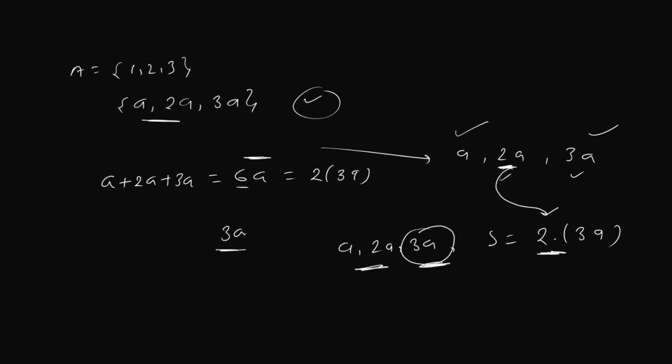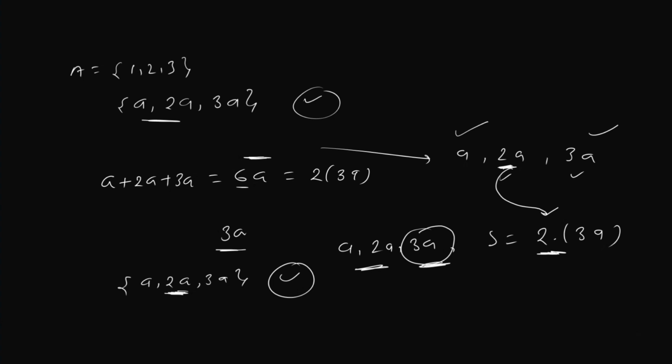So intentionally, why did I take the second element as 2 times a? There is a reason for this, because this is the multiple of a which satisfies all the conditions.